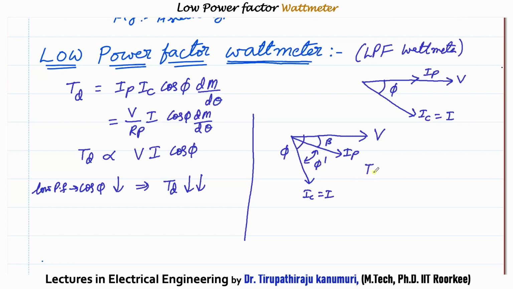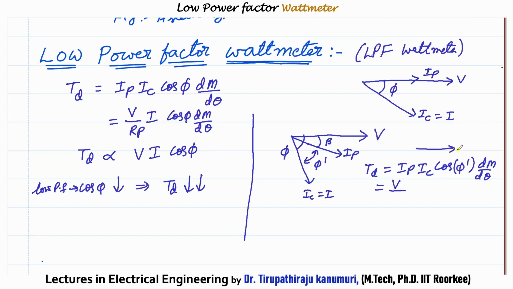In this case the deflecting torque will be IP into IC into cos of the angle between them, that is cos phi dash into dM by d theta. IP is voltage divided by the impedance, because here it will be impedance.